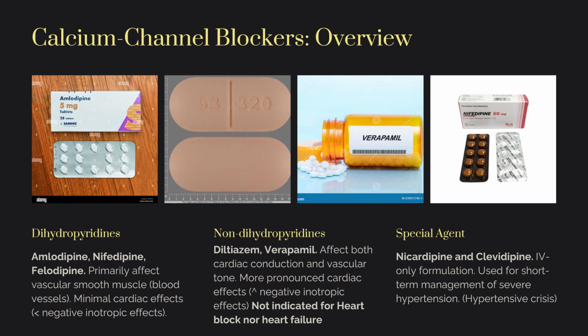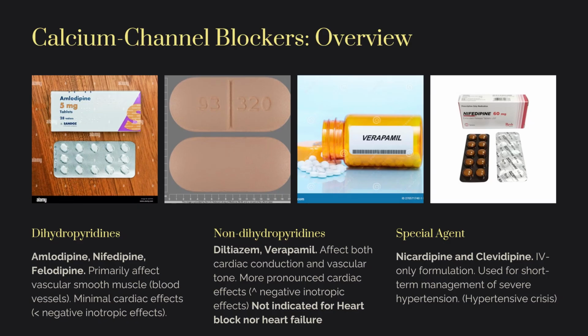So the difference in these, the dihydropyridines mostly just affect the smooth muscle of the blood vessels, okay? So that's what that is affecting. And so it's not having a whole lot of impact on the heart muscle or the heart function, okay? So this inotropic, do y'all know what that means? It's like the force of the contraction, basically, okay?